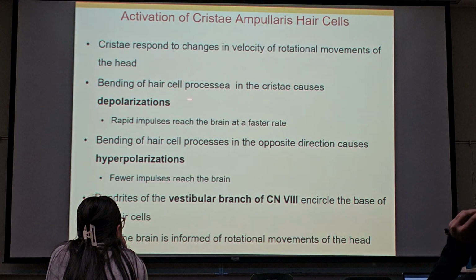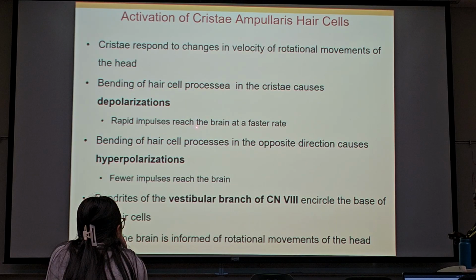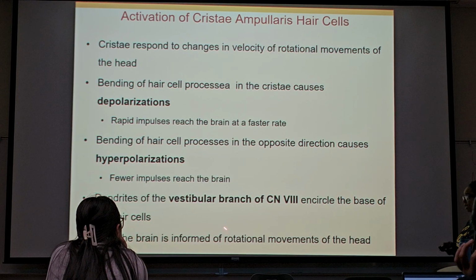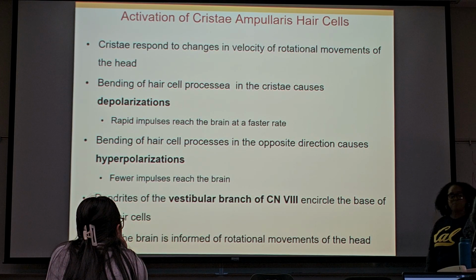All of that, the neurotransmitter that's getting secreted, will then go and bind at the dendrites of the vestibular branch of cranial nerve 8, whose fibers are right there at the base of the hair cells. That's how the vestibular branch is going to get the information from the sensory receptors that we are spinning, or that we have stopped spinning.